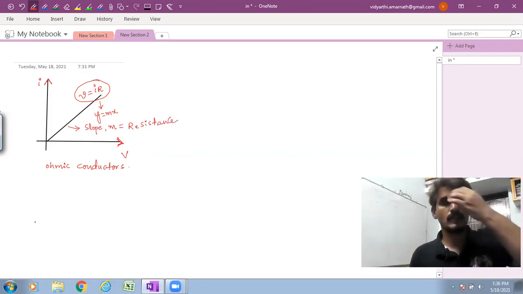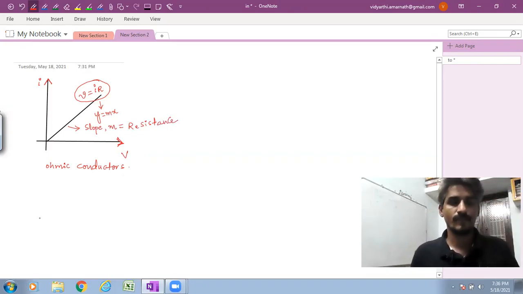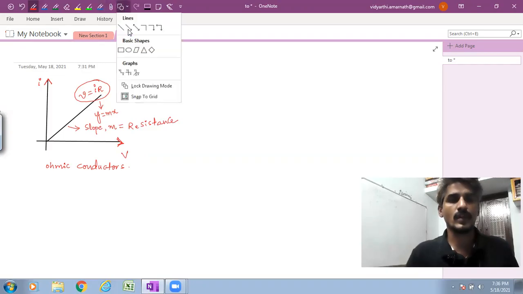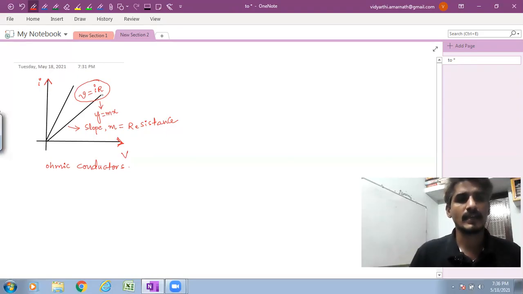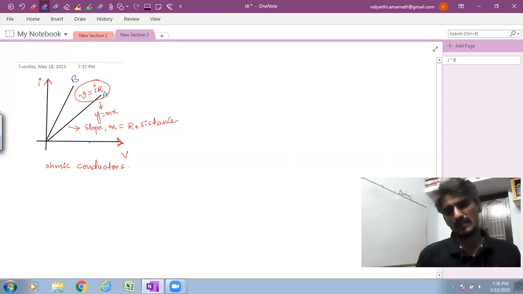Slope of this line refers to resistance, which means that suppose we draw one more line like this. Consider this is line A, and this is B. These are graphs drawn for different materials.